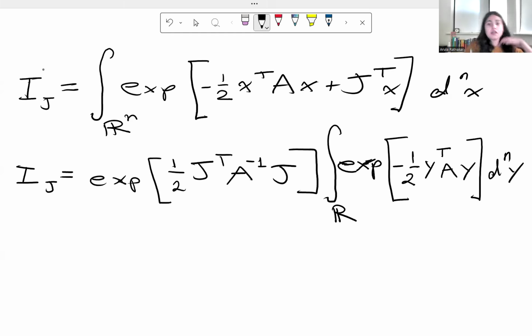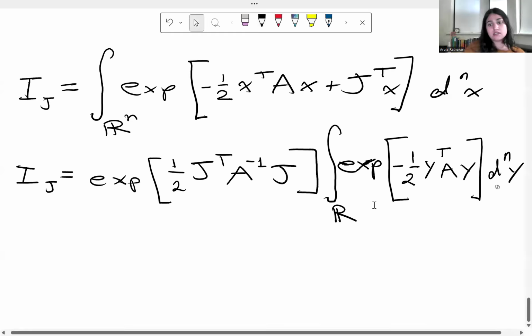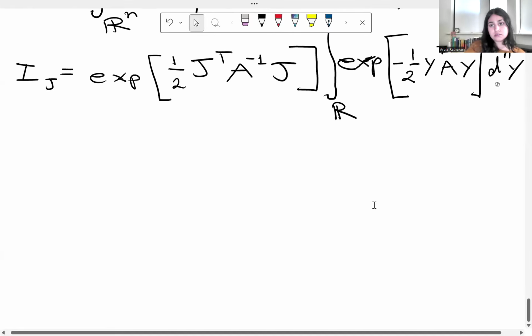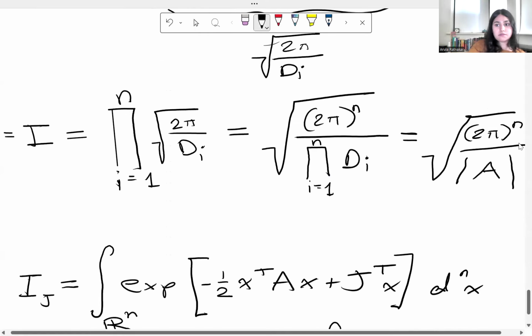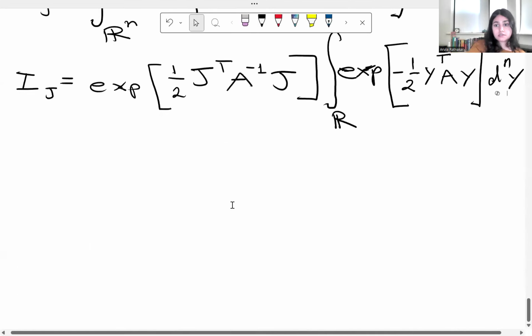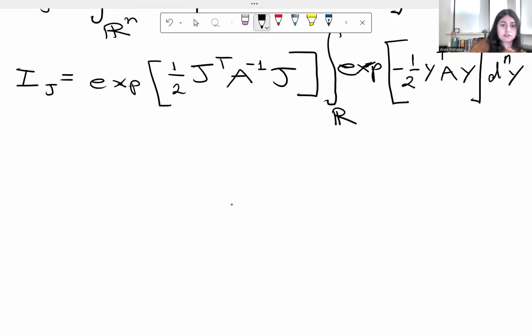And then we evaluated this multivariate Gaussian integral and we got that it was the square root of 2 pi to the n over the determinant of A. So we have our final full solution.